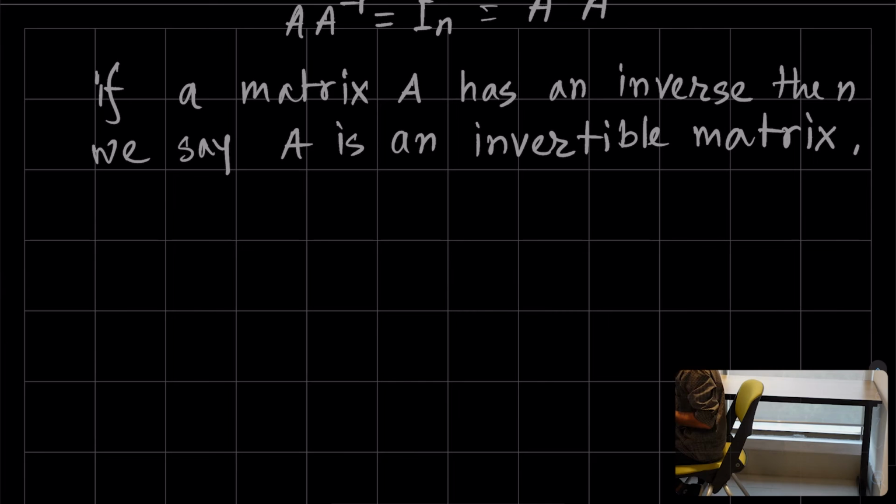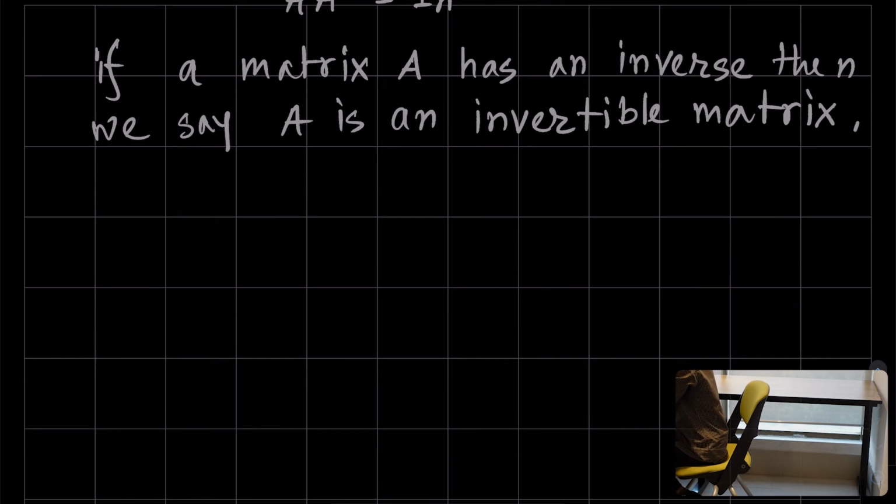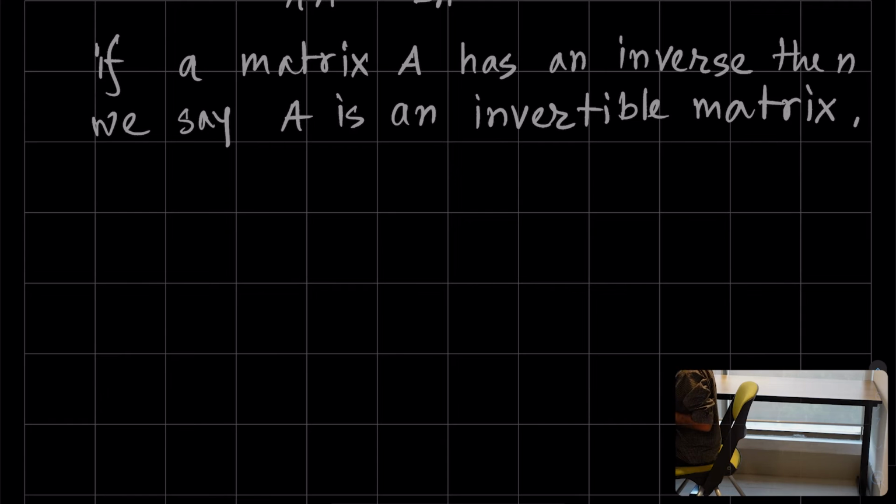So there is a very interesting proof here I'm going to do, and that is the uniqueness of the inverse matrix. So do you think it is possible that a matrix can have two different inverses? So let's prove it in a detailed way.